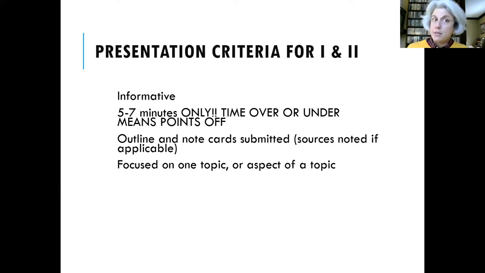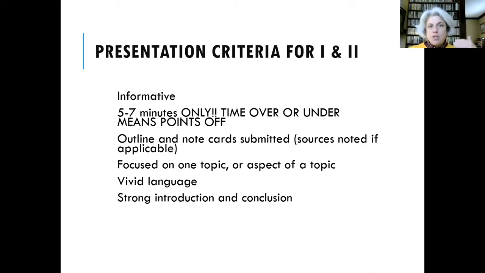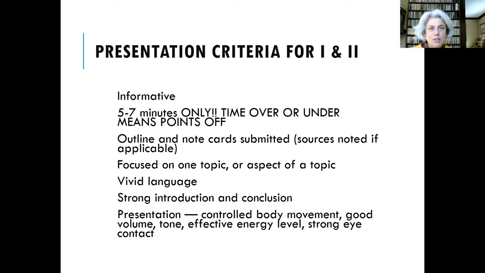Make sure that this speech is focused on one topic or an aspect of a topic, because you do not have time to be going all over the place. You just don't. So let's not be Arthurian legend. Make sure you do have vivid language, have a strong introduction and a strong conclusion.